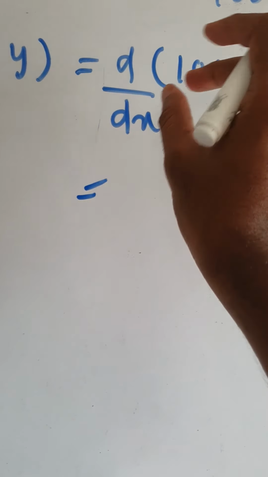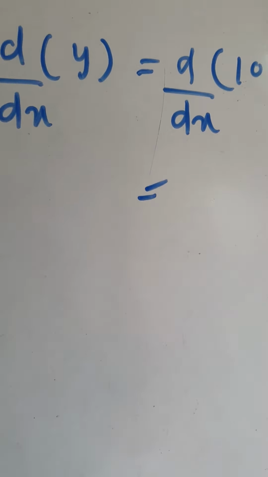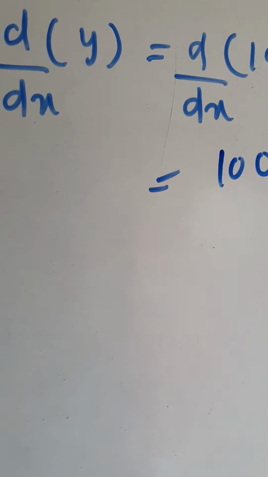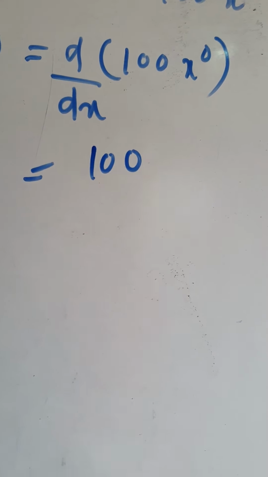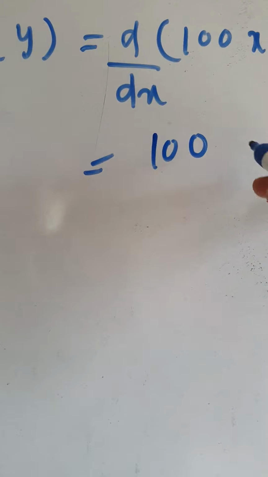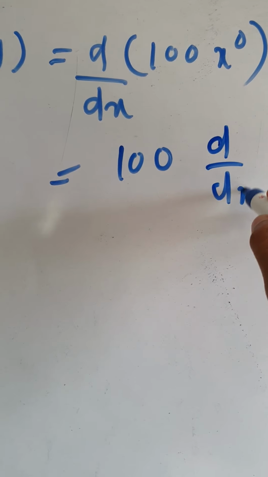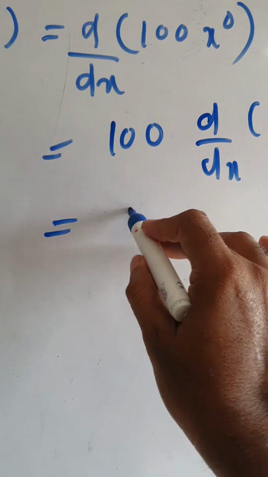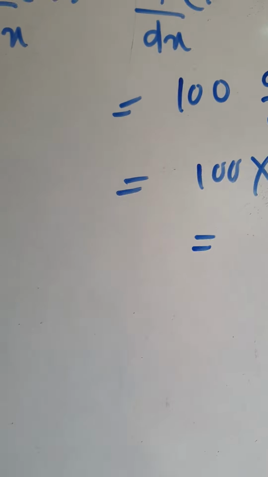Any number is not operated on by the differential operator. This is why it is taken outside. The differential operator will not operate on any number alone, so the number is taken outside. So then d by dx of x to the power 0 gives 100 into 0 x to the power 0 minus 1. As 0 is there, the answer is 0.